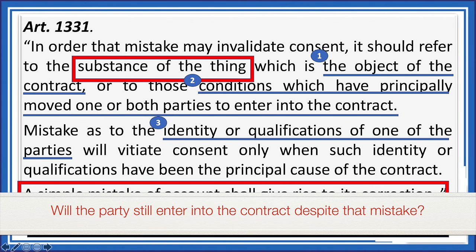If one party would still enter into that contract even if he knows that there is a mistake, yet he would still enter into that contract, then meaning, that is not a substantial error. Because if it is a substantial error, meaning, had he known the mistake or error, he would not have given his consent.